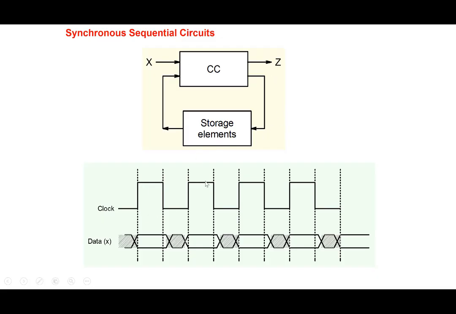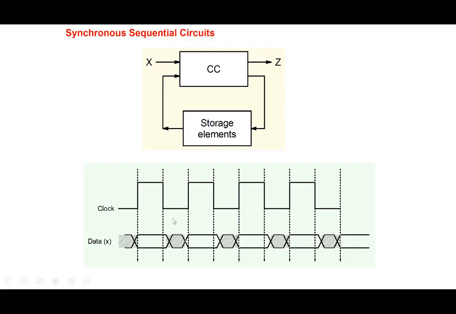The clock is synchronizing all changes in the circuit according to the variation in the clock that you see here. So the clock is an essential element of most sequential circuits, and we call those sequential circuits synchronous. Synchronous meaning everything takes place in synchrony with the clock here.